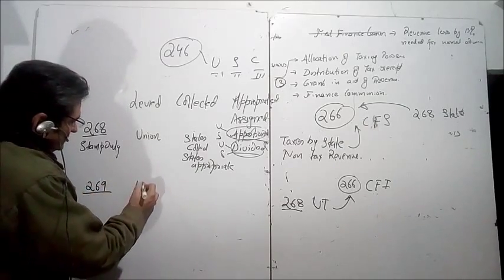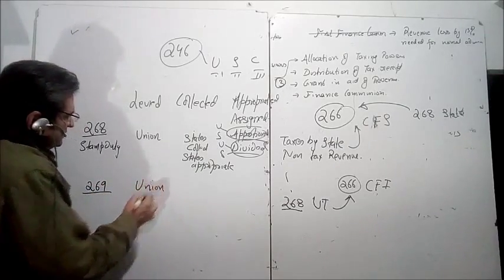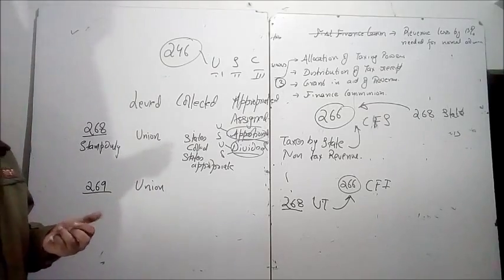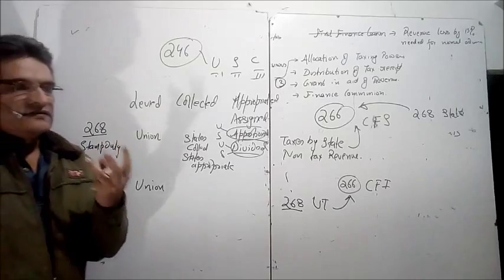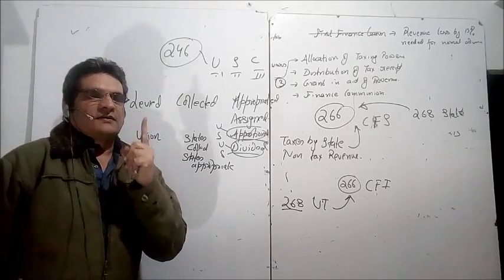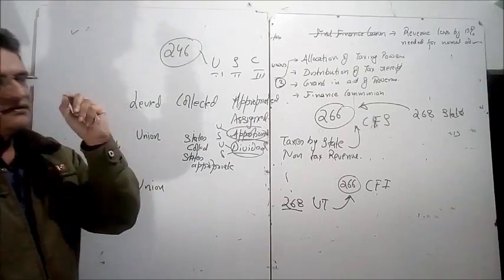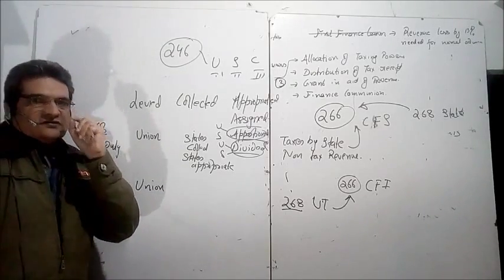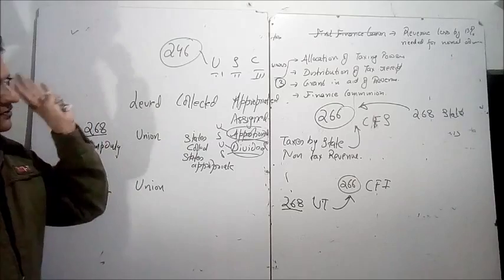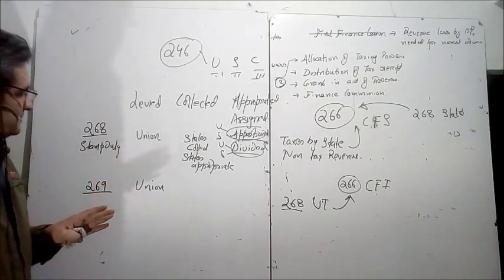It is levied by union, and 269 covers the tax on the sale and purchase of goods. It is not supply, it is sale, and there is a subtle difference between sale and supply. We are not going into those nitty-gritties of taxation. We are just discussing the broad features of the distribution.